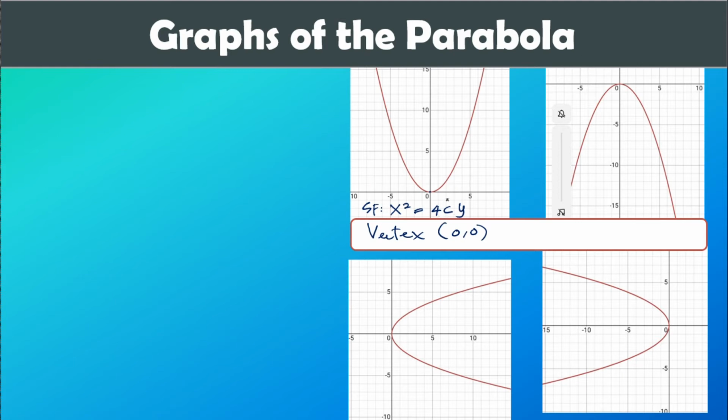Now, in this graph, makikita natin yung parabola. Yung vertex niya is at 0, 0. Okay? Tapos, opens downward siya. So, yung standard form niya will be x squared equals negative 4cy. So, naging negative lang yung sign ng 4cy.